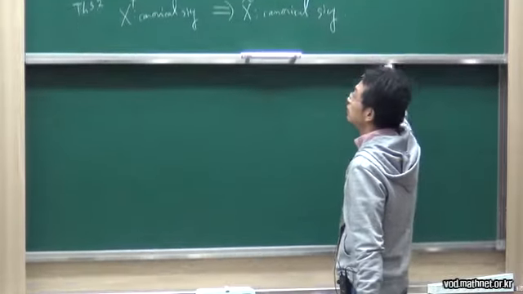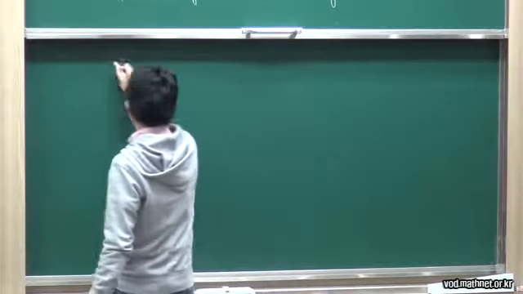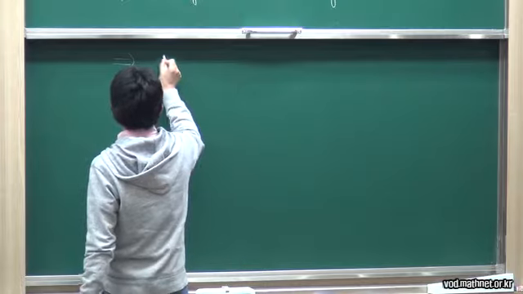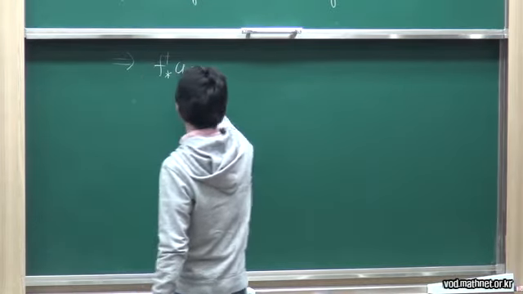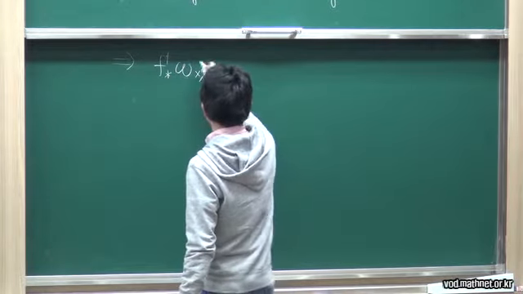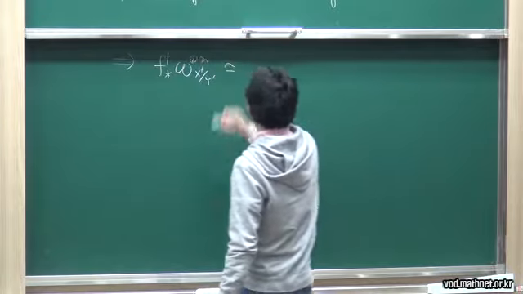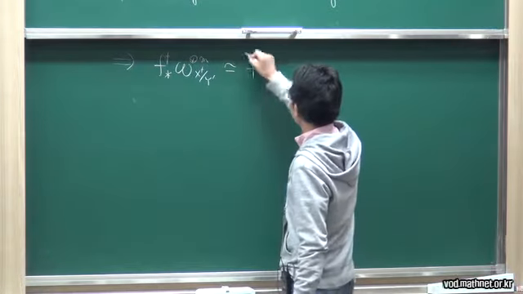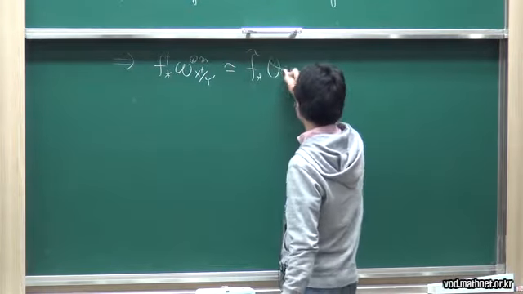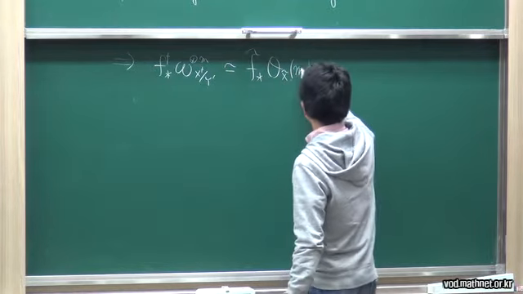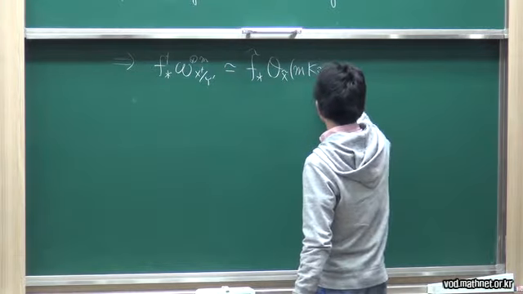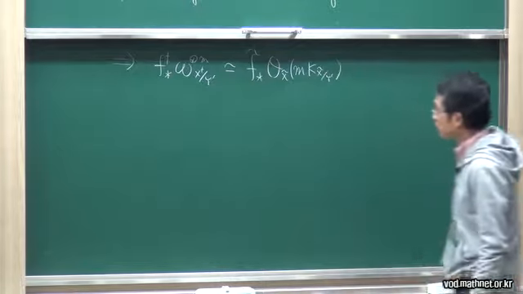Therefore, f dagger pushforward of omega X dagger over Y prime tensor M is canonically isomorphic to f tilde pushforward of O X tilde (m K X tilde over Y prime). Okay?